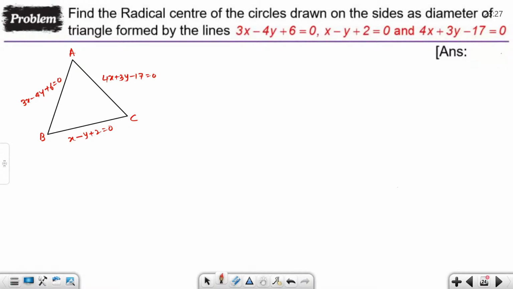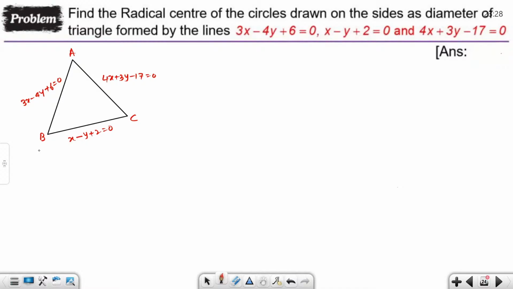If you know that the radical center and the orthocenter are the same point, you can understand that while solving this problem, I will not use anything from circles. I will simply find the orthocenter of this triangle by finding two altitudes and then solving. That's it. Because that orthocenter will be the same as the radical center. Am I correct?